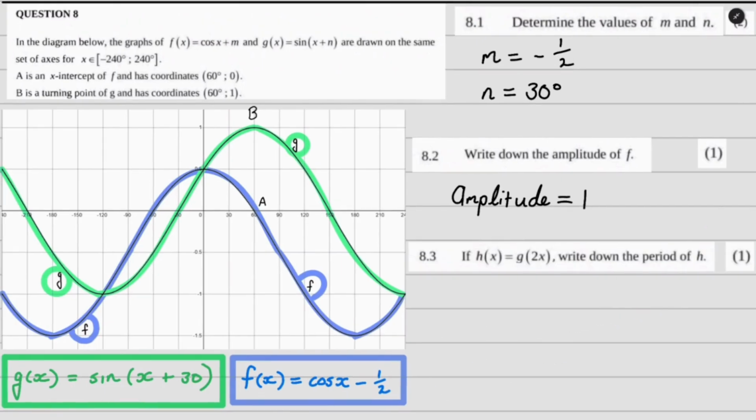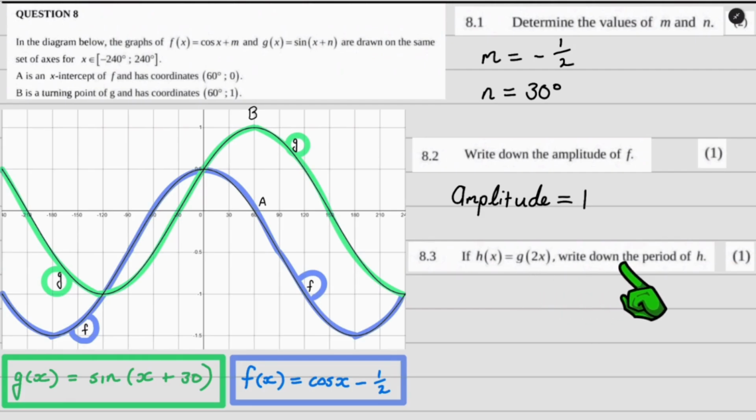The next question asks me to write down the period of h. If they say write down, it means that there's no working out that needs to be shown. You simply write down the answer. I'm going to do a bit of working out to explain how you do it, and then we'll list the answer at the end. Okay, so h of x is a completely new function, and it's g of 2x.